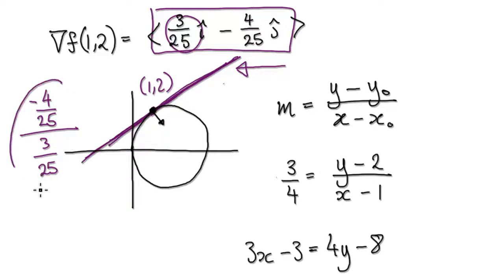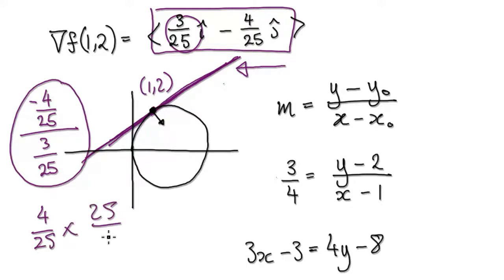So tidying this up, 25 times negative 4/25 over 3, so at the moment, the gradient of grad f is negative 4/3.